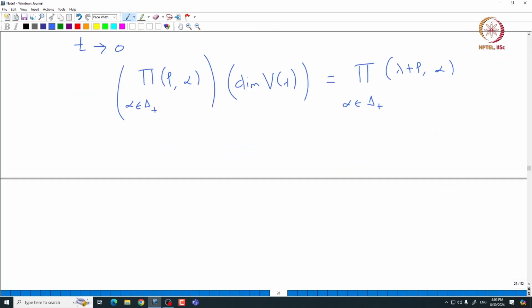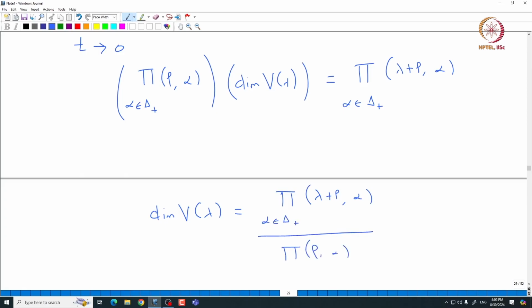So, this proves that the dimension of V lambda is exactly equal to the product of (lambda plus rho, alpha), alpha in delta plus, divided by the product of (rho, alpha), alpha in delta plus. In one go, this is the product of (lambda plus rho, alpha) divided by (rho, alpha), alpha in delta plus.